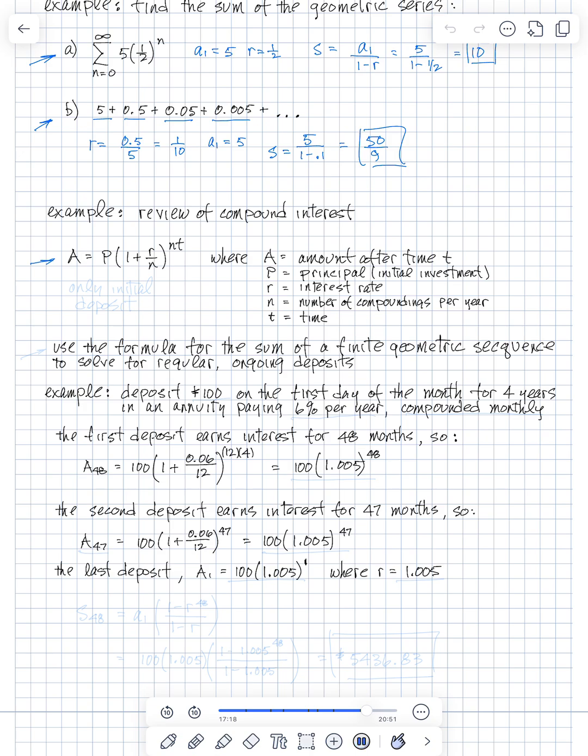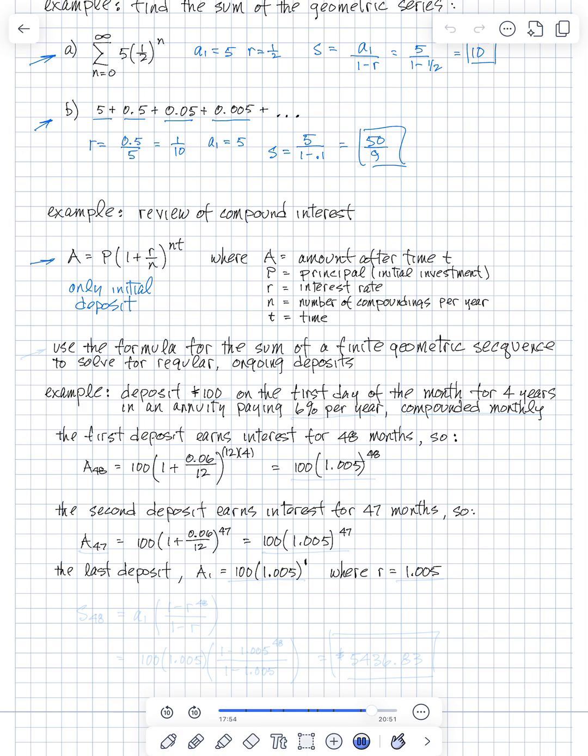But this is only for one deposit, only the initial deposit. In other words, if you have $10,000, that would be your principal. You put it in a savings account or an annuity that pays a certain interest rate, compounded a certain number of times a year, but you're not adding to the principal.